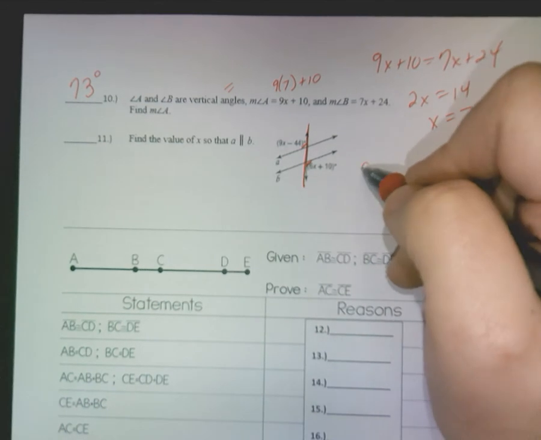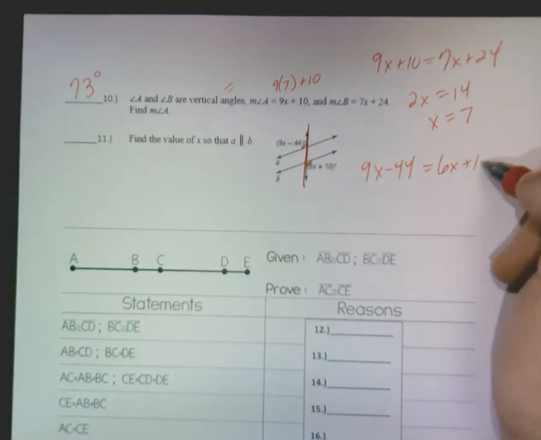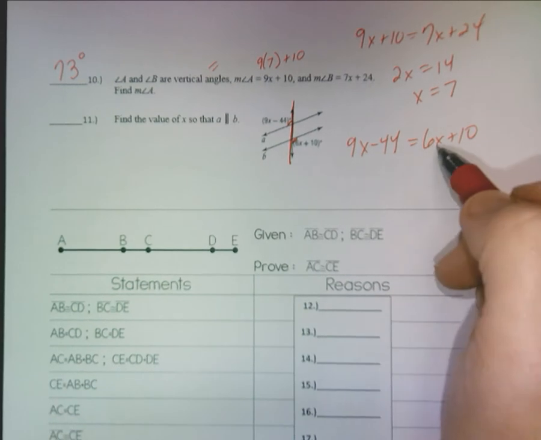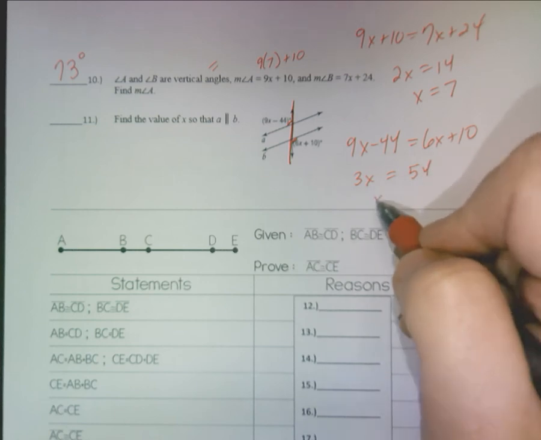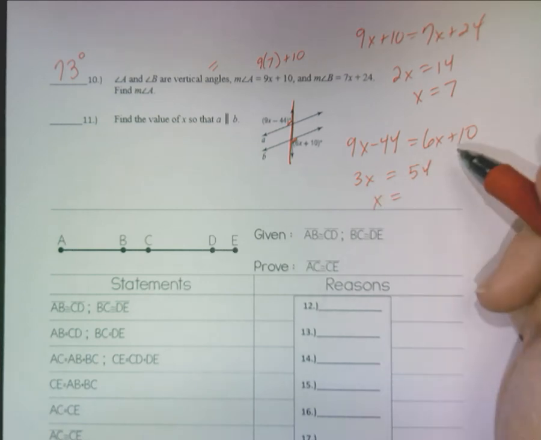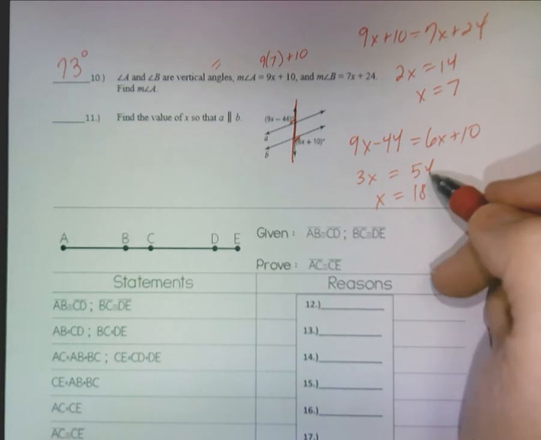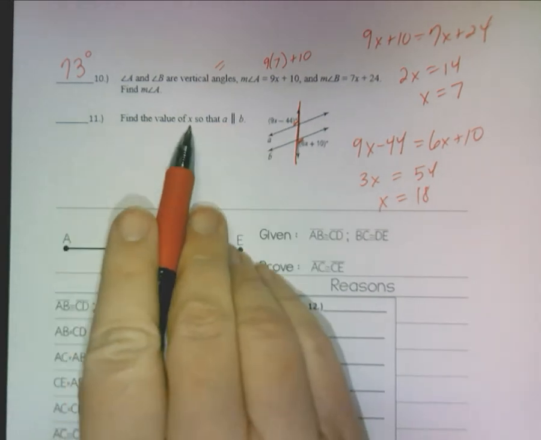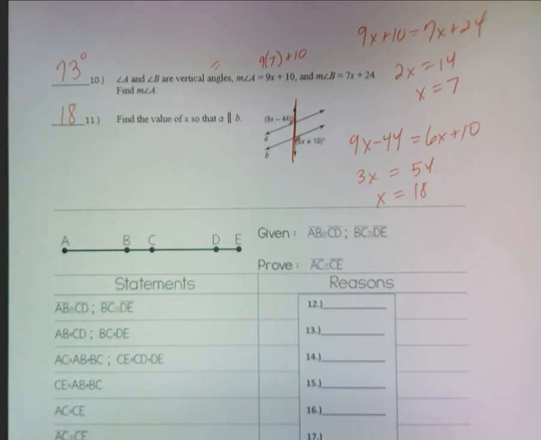So they're equal to each other. And then minus 6x and add 44. So 54 divided by 3 is 18. So make sure, find the value of x. We're good. You didn't have to find the angle, 18.